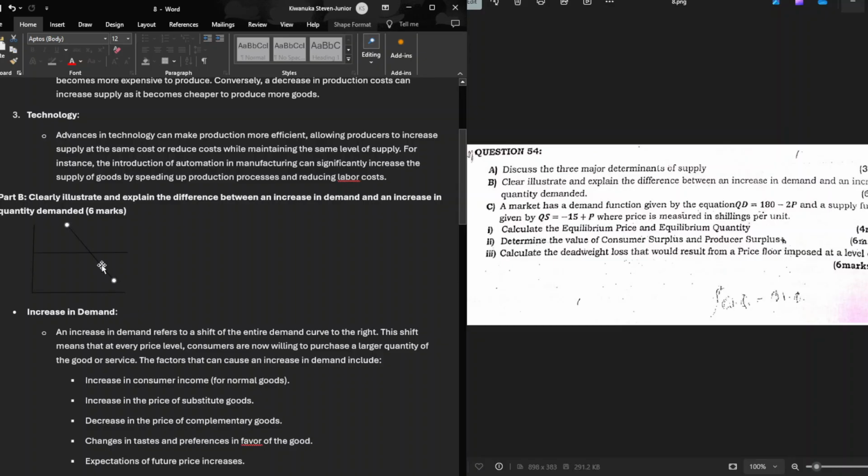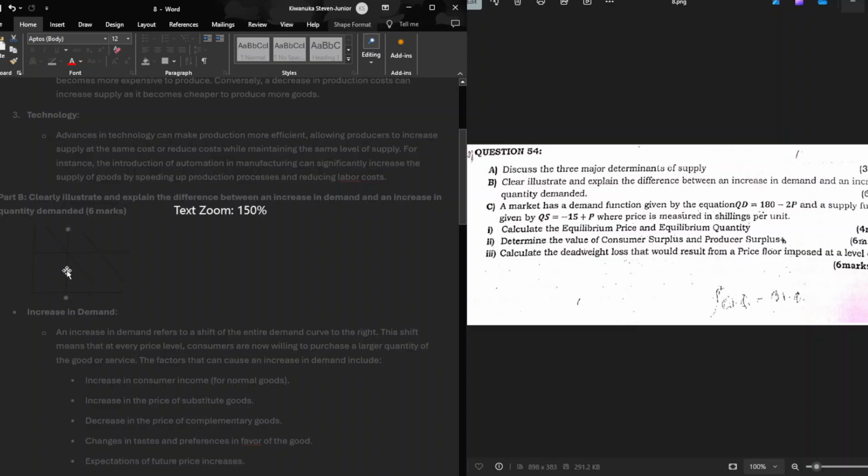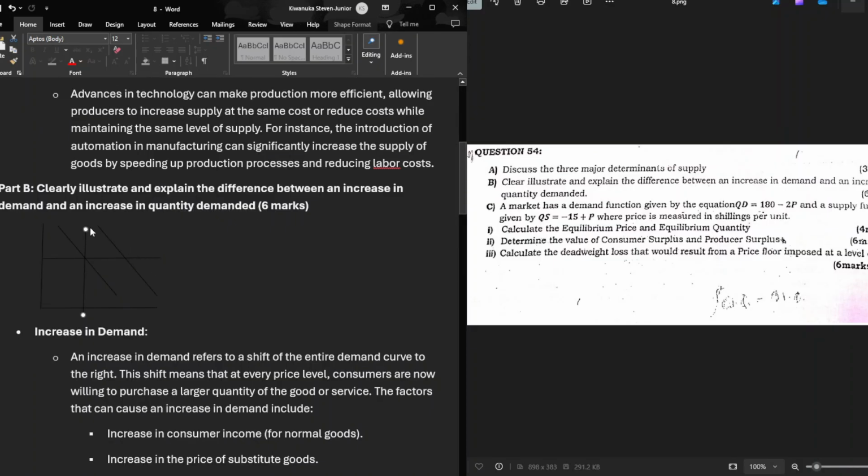But you should also remember how the demand curve looks like. So this is how we would draw it.